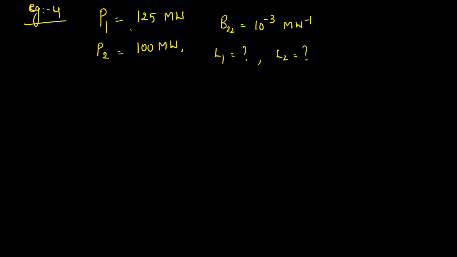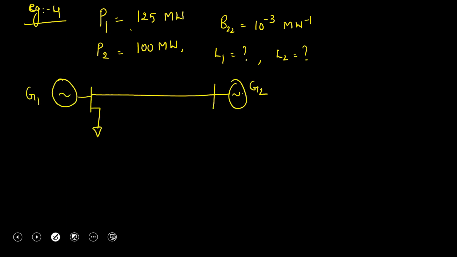It's a very simple, straightforward question which you can do. Again, he also gave the system. By looking at the figure only, you can say that the penalty factor L1 we can directly write as 1, because the load is directly connected at 1. So the penalty factor of generator 1 is 1.